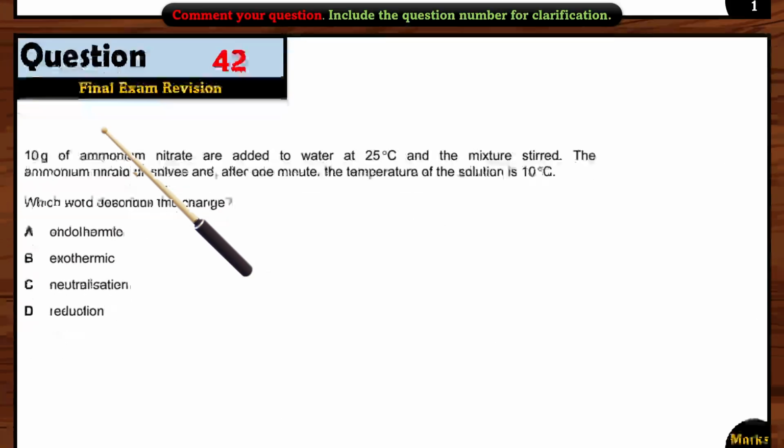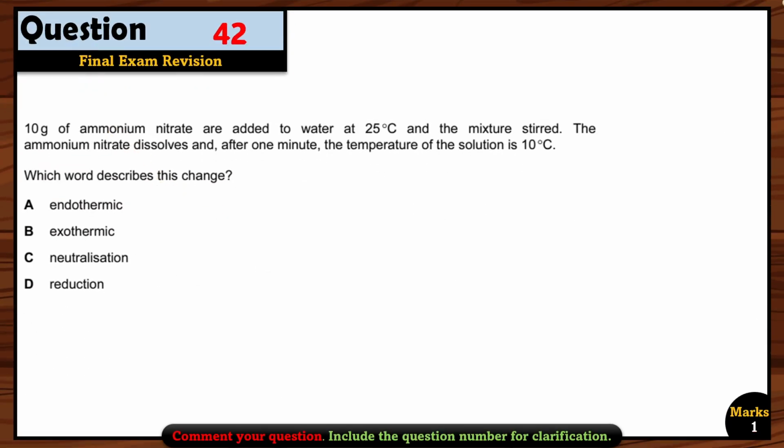Okay. Let's see another question. 10 grams of ammonium nitrate are added to water at 25 degrees Celsius and the mixture is stirred. The ammonium nitrate dissolved, and after 1 minute the temperature of the solution is 10 degrees Celsius. Now you already know the difference between chemical change and physical change. Now there is another important concept, endothermic and exothermic.